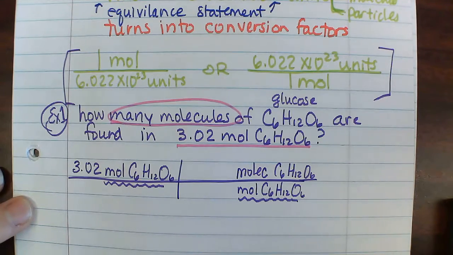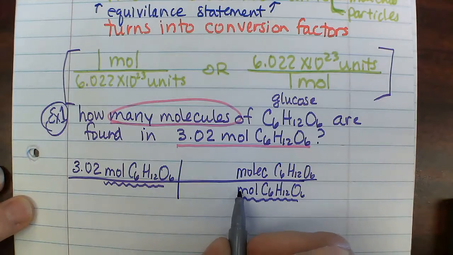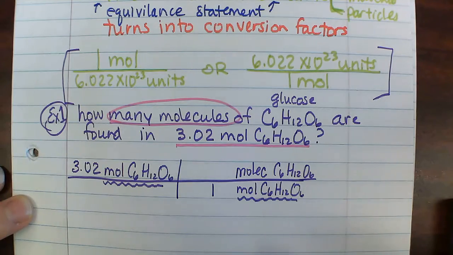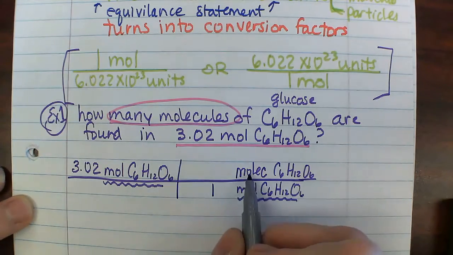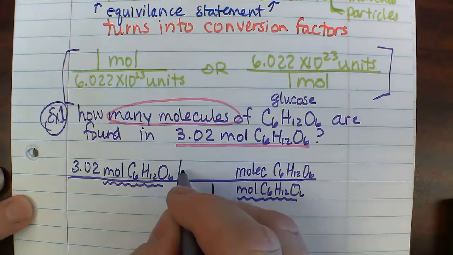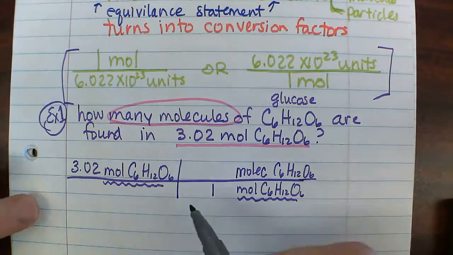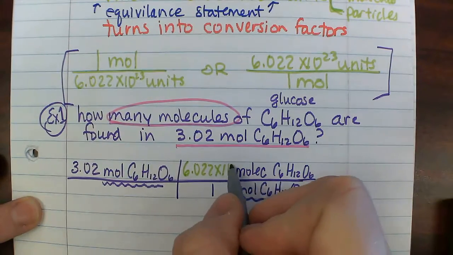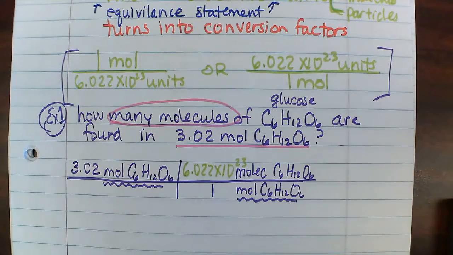So two things I want you to notice. One, whenever we're using moles, it has a 1 in front of it for now. Molecules or particles or atoms, that's going to be Avogadro's number, the 6.022 times 10 to the 23rd.